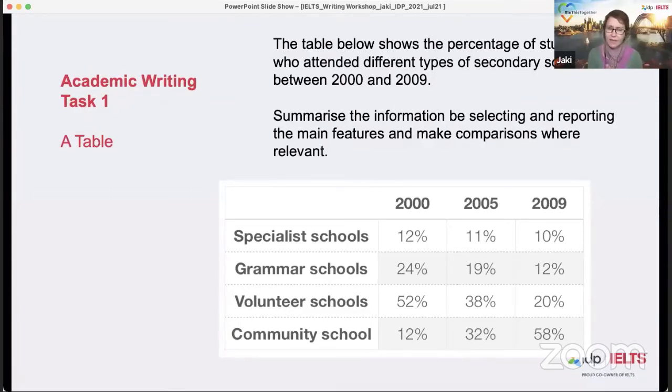I don't think I've ever really seen that. Really? 5 graphs in task 1 in a real IELTS test? Okay. Well, you just have to use the same technique. You would just pull out the main features and compare for each one. But if there were really 5, you would probably have to compare between the graphs, I would say.